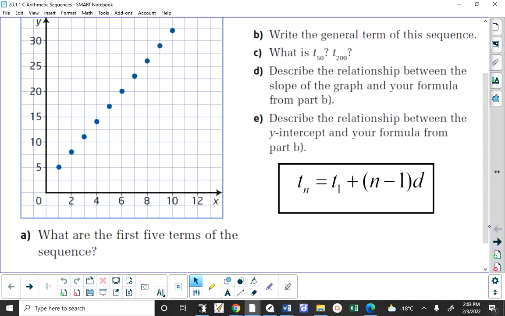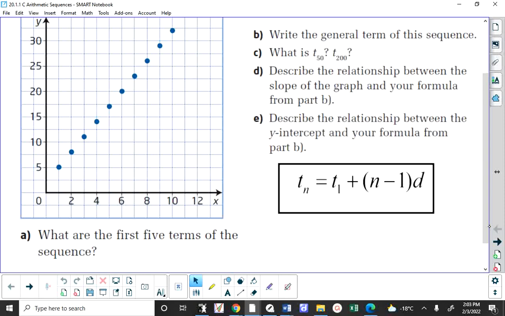And you know, this is one of the crappiest graphs I've ever seen, because I don't think it's easy to read exactly what those terms are. It's not something that would appear on an exam, be very clear.